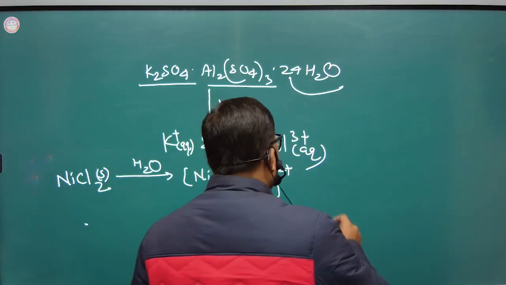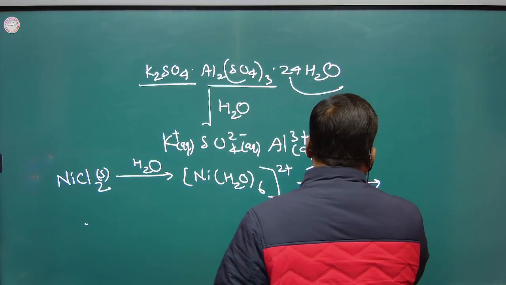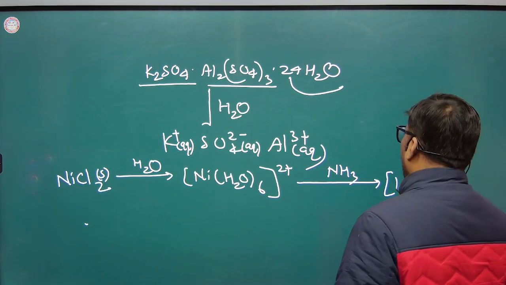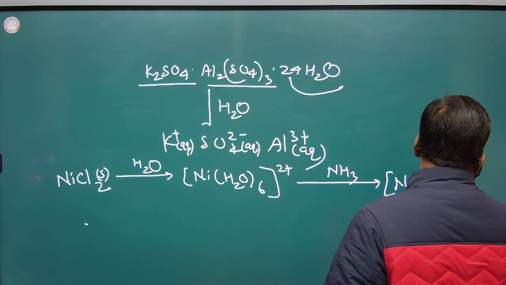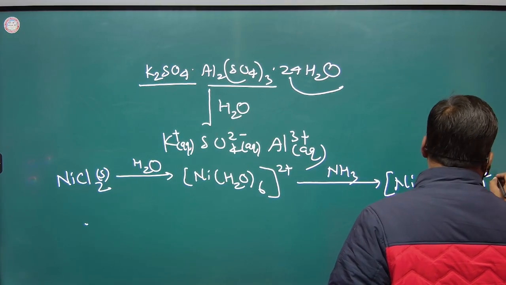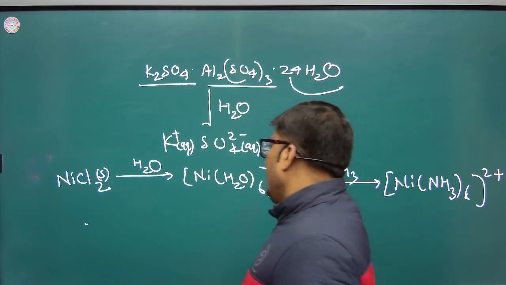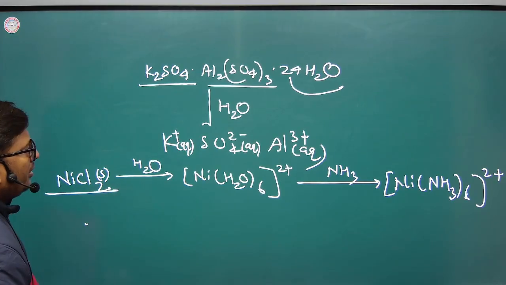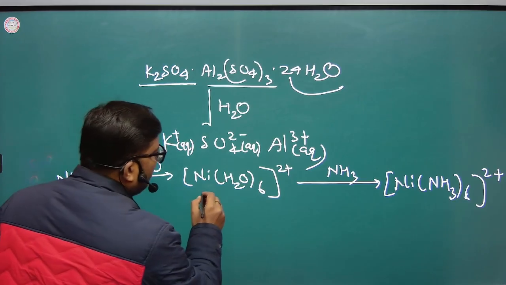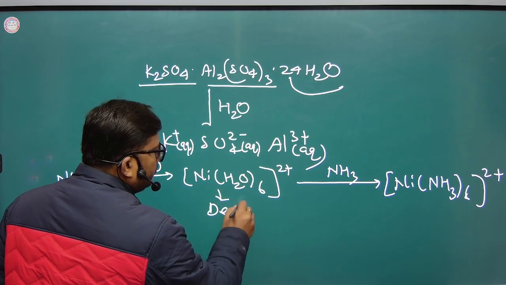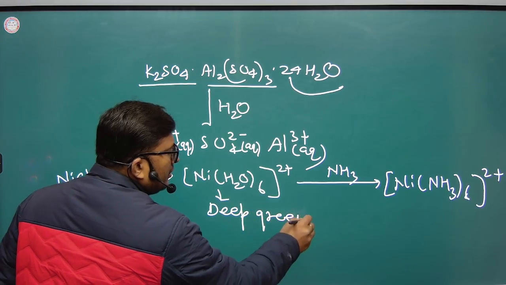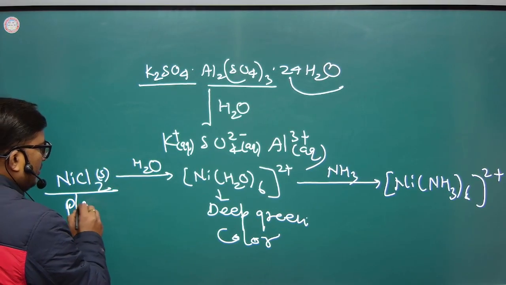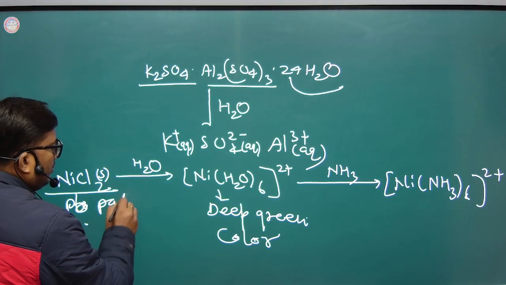And if we add ammonia, what happens? Ni(NH3)6 2+. In the solid state, pale green color, but once it is dissolved in water, it is deep green color. Here it is pale green color.